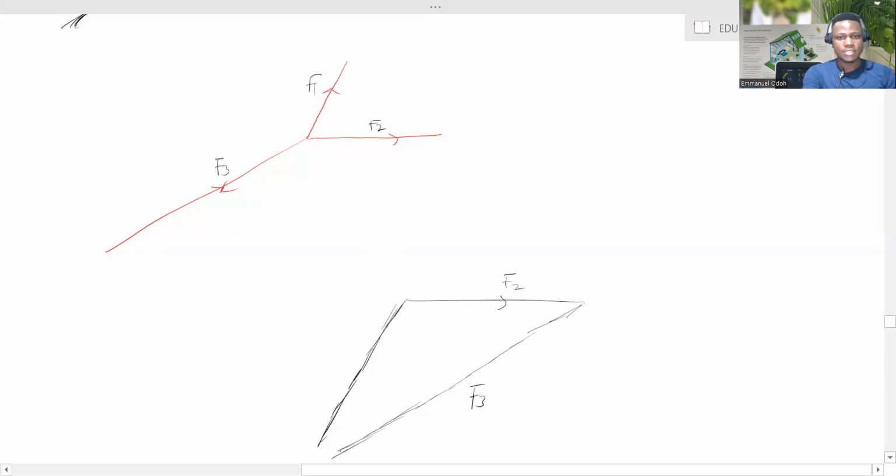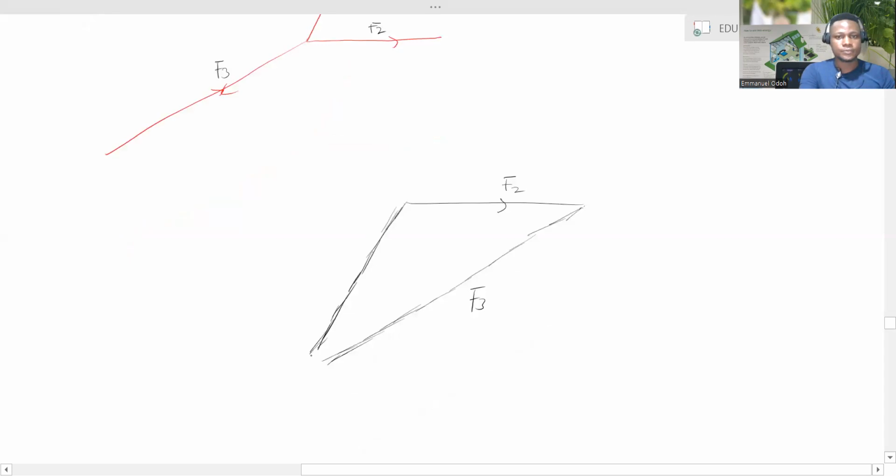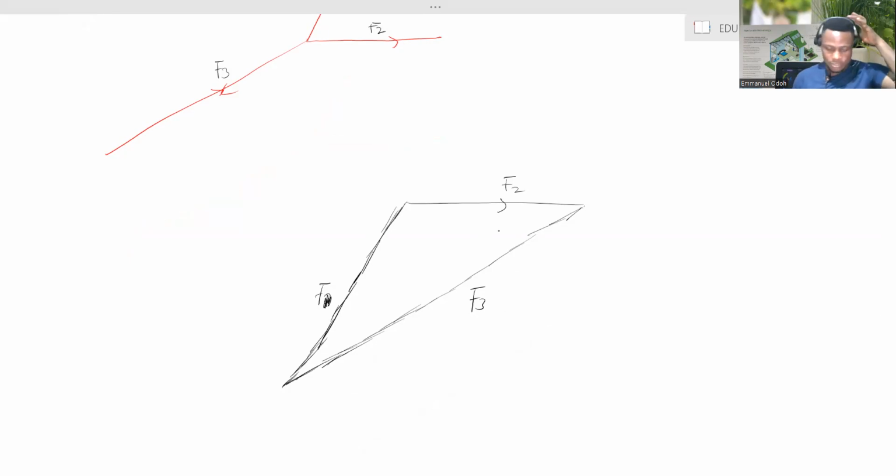Where it meets, you have a triangle formed there. This is my F1. You can see a triangle has been formed. This is the triangle of forces. Very, very important, and we'll use it to solve a problem here.